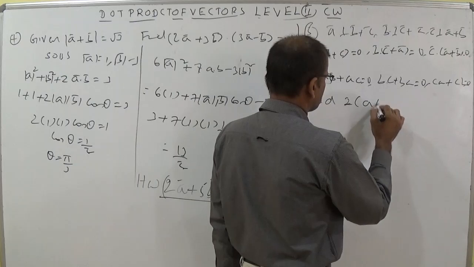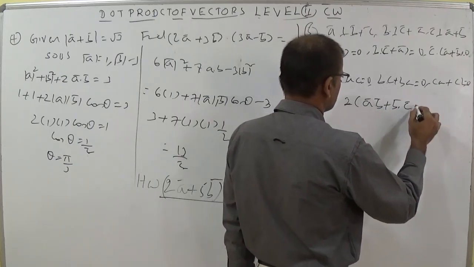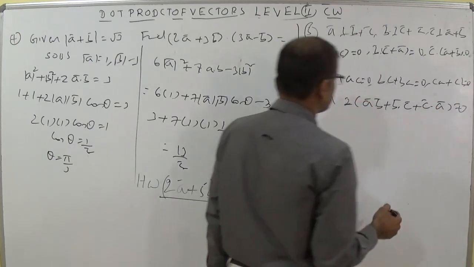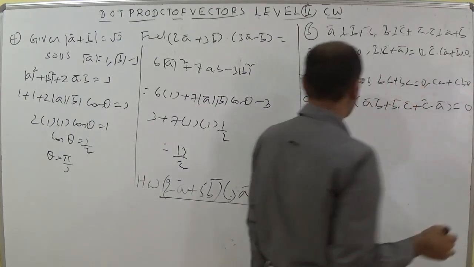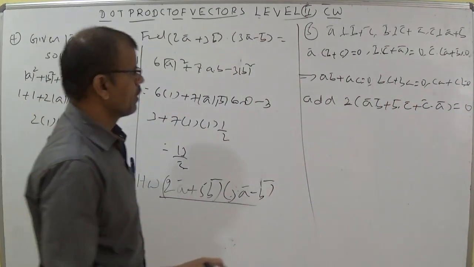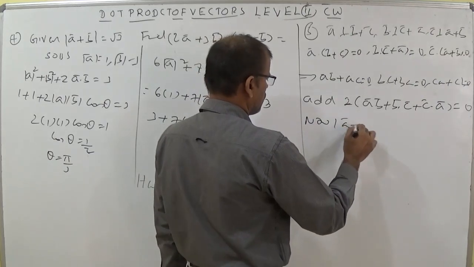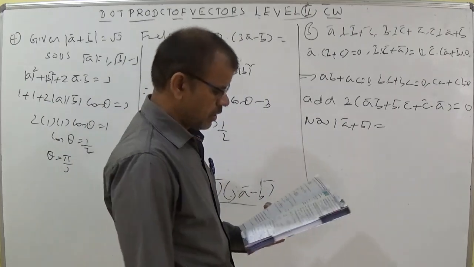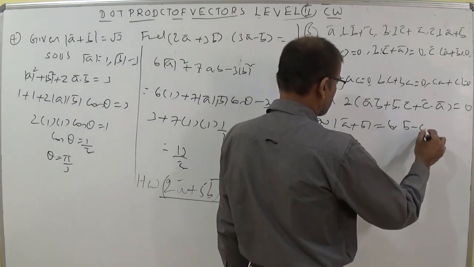Then you can write here 2 into a bar dot b bar plus b bar dot c bar plus c bar dot a bar equal to 0. The value a dot b plus b dot c plus c dot a equal to 0. Now, what is the data he given? You write modulus of a bar plus b bar he given as 6.